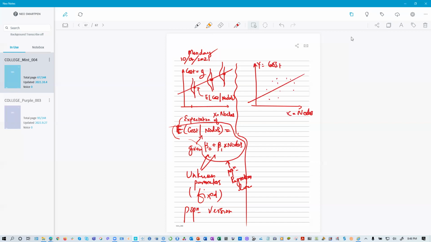Then you get the estimated value of cost, not the expected value of cost. It's given by b naught plus b1 times the number of nodes.